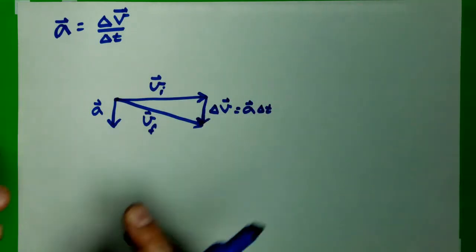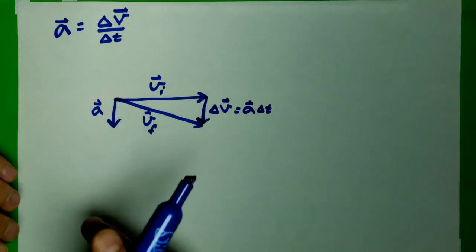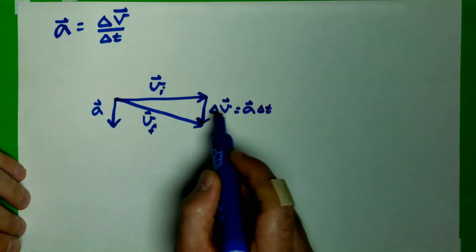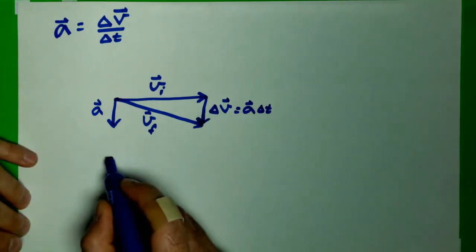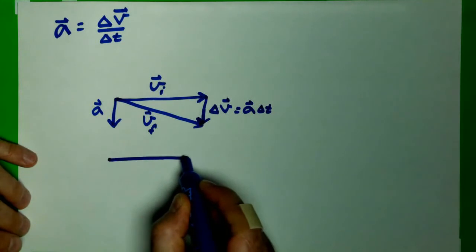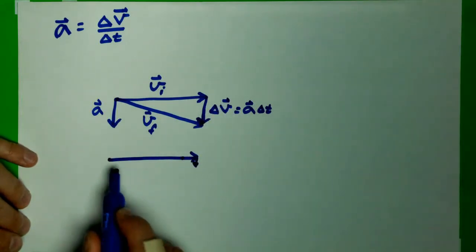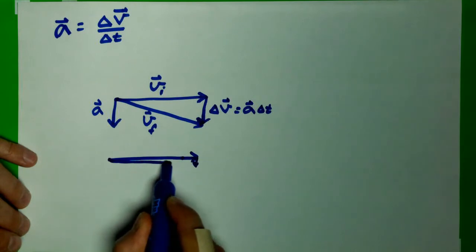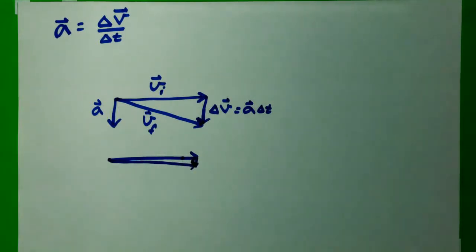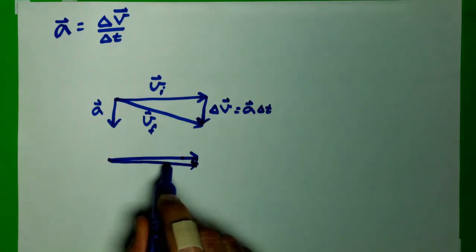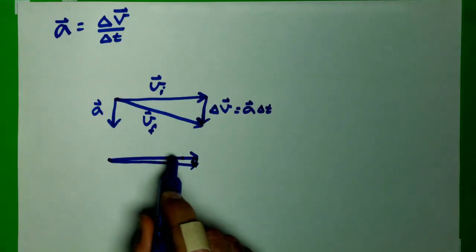But what if we choose a smaller time period? If we choose a smaller time period, this change gets a lot smaller. So if I make that much smaller, here's my initial, and my final looks to be like that. Still I have a change in length here. This hypotenuse is still bigger than this, but not very much at all.